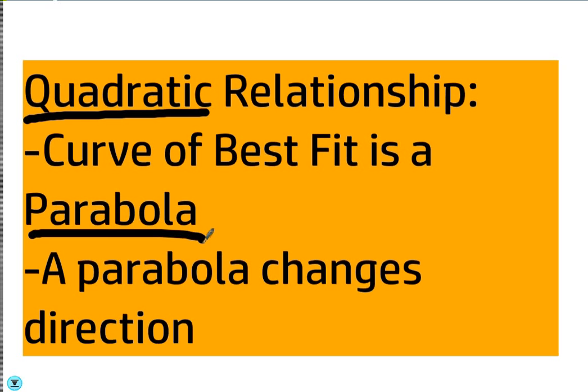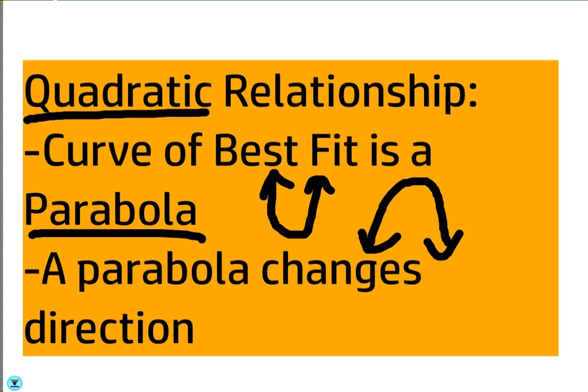We've only talked about lines so far, but this is a good segue because scatter plots can take on different shapes. We will talk about parabolas to a certain extent, meaning the vertex and stuff like that. But for now, what I want you to understand is it's a U-shape, and it can be either pointed up or pointed down. The second thing I want you to take note of is it does change direction, meaning it goes from up to down or down to up.